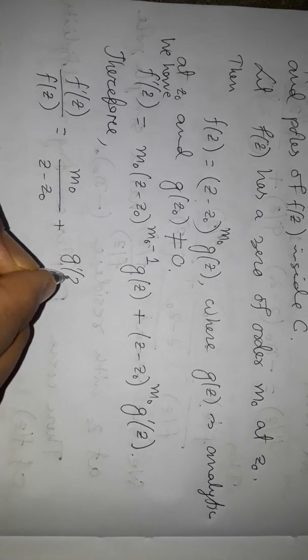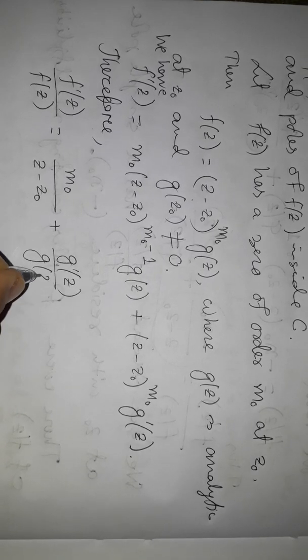Therefore, dividing, f prime z by f z becomes m naught over z minus z naught plus g prime z over g z.